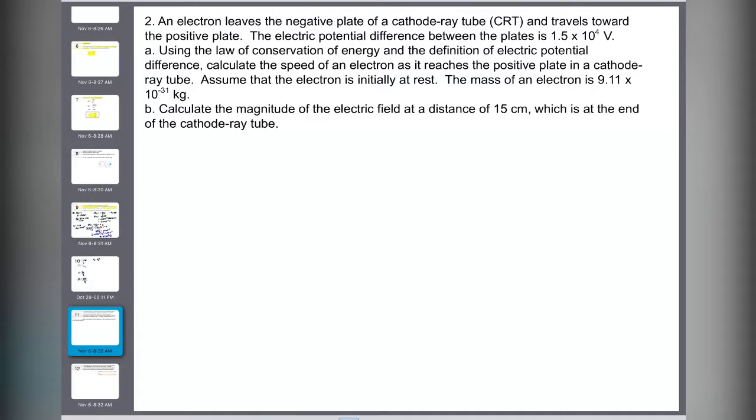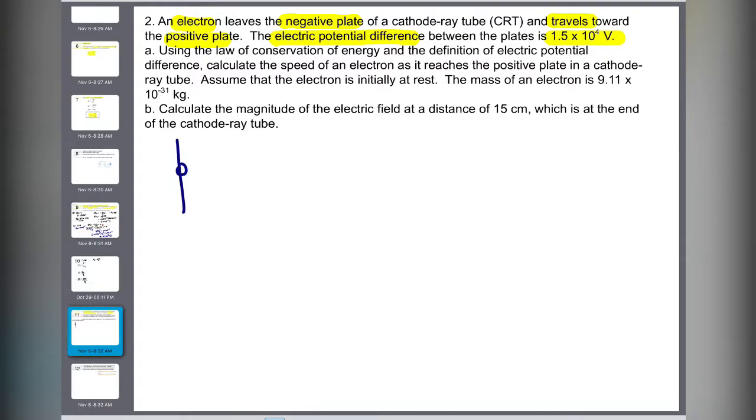Question 2. An electron leaves a negative plate of a cathode ray and travels towards the positive plate. The potential difference between the plates is 1.5 times 10 to the 4. So let's draw a little picture here.